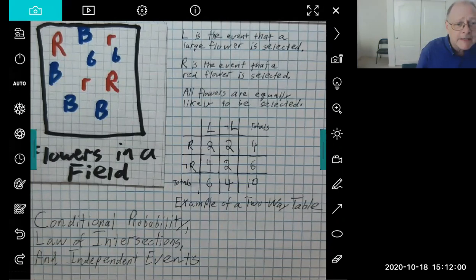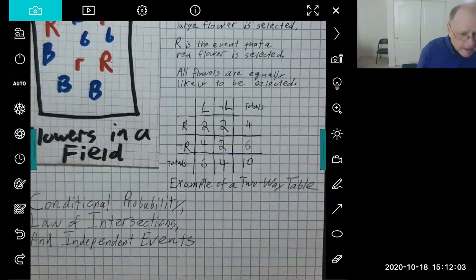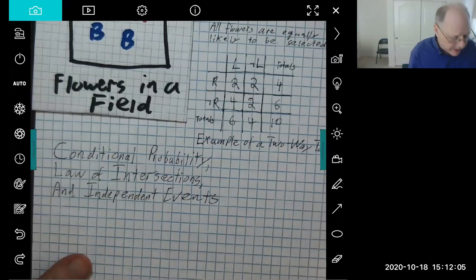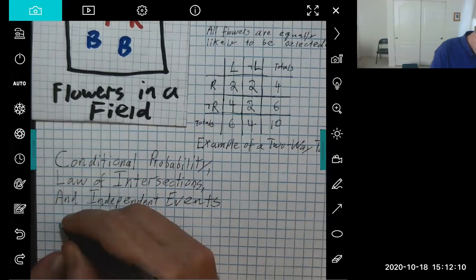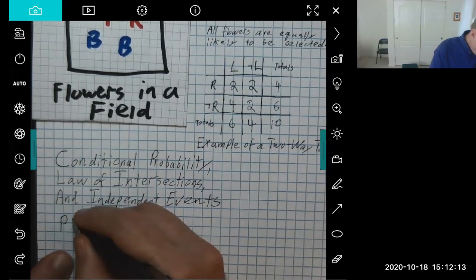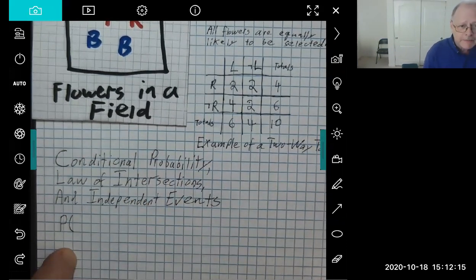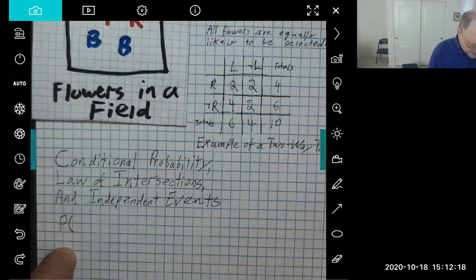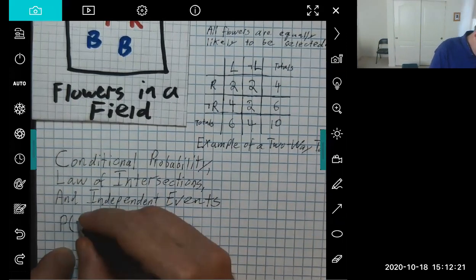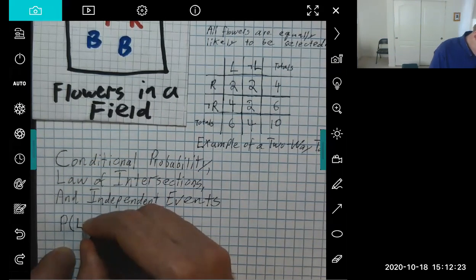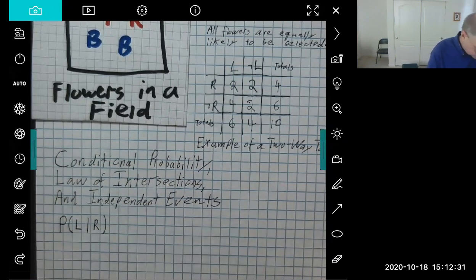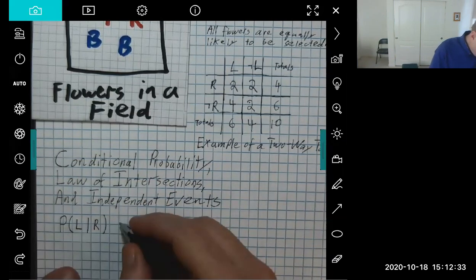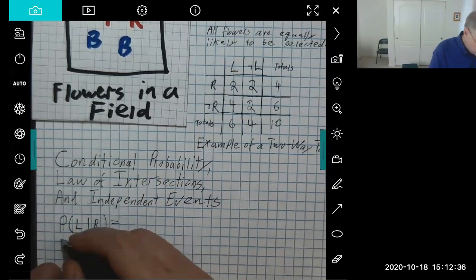All right, now I can use this to illustrate this idea of conditional probability. So I'm going to write an expression here for the probability that a flower is large given that it's red. Let me write down how you pronounce that.